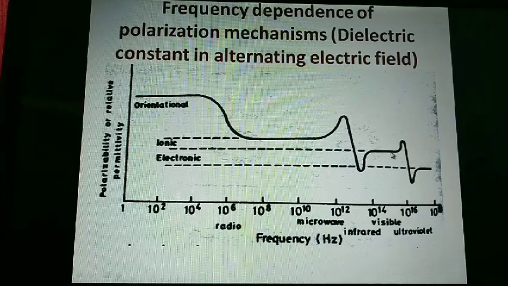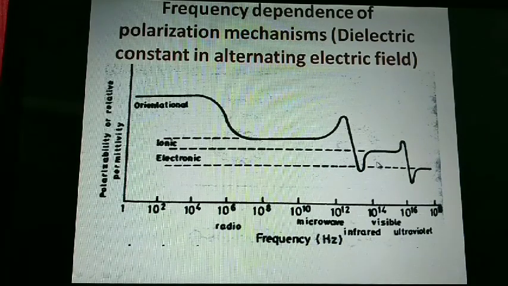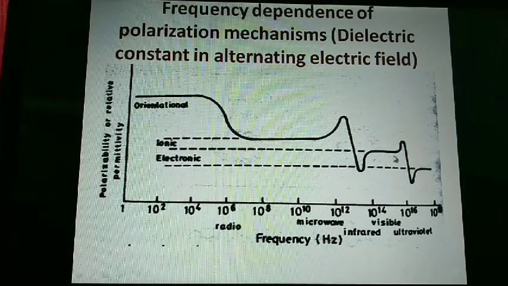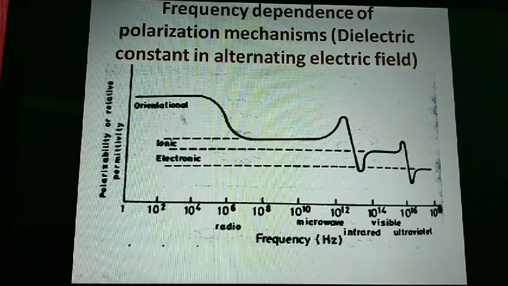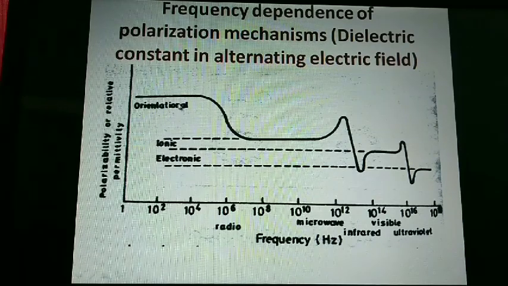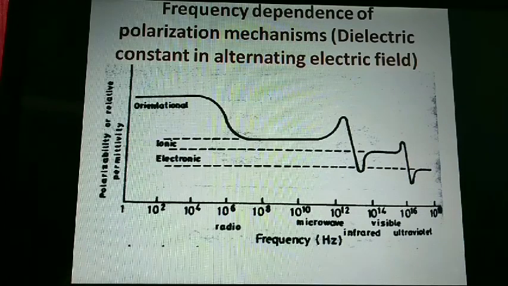Whereas the electrons, being very small particles as compared to the ions and the dipoles, are of very low mass, therefore they can have very high natural frequency, hence they can polarize even at very high frequencies. So what do we understand from this? At very low frequencies, all the three types of polarizations are possible: electronic, ionic and orientational polarizations.